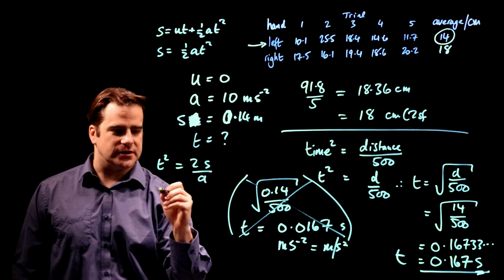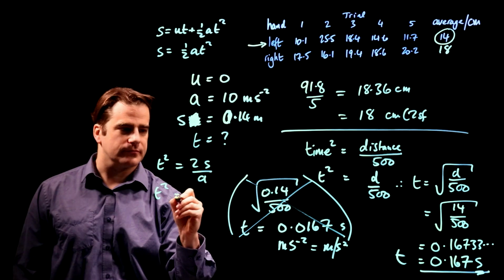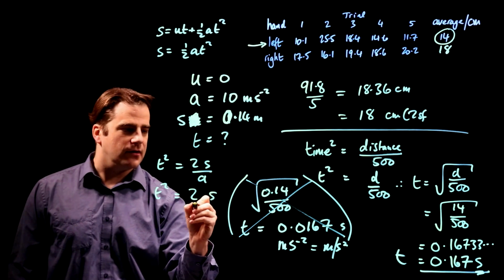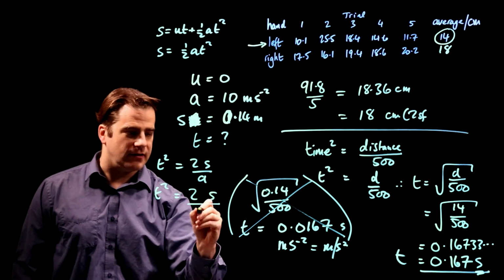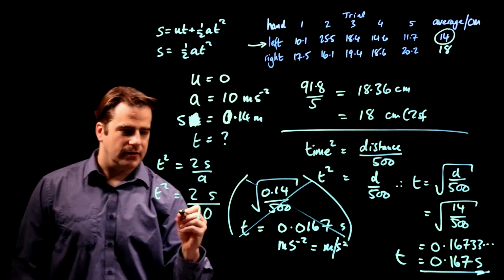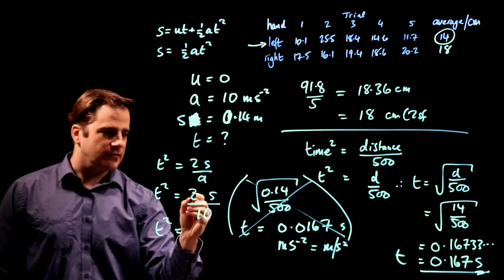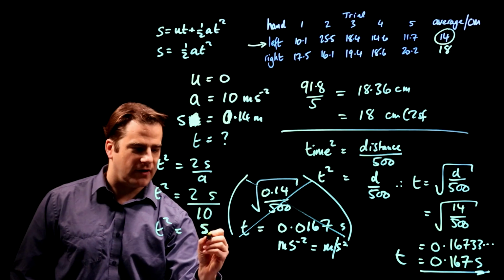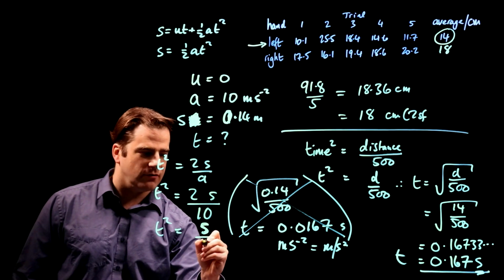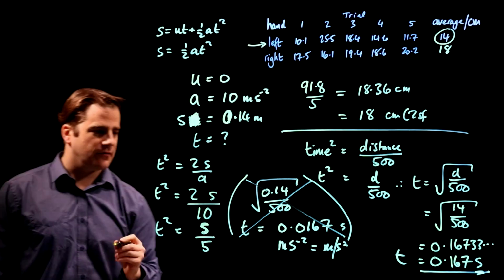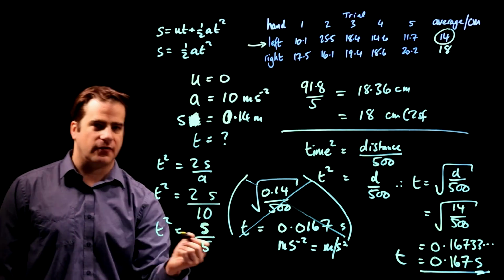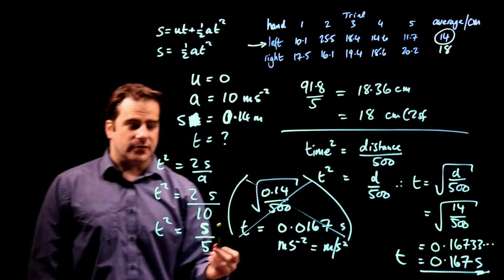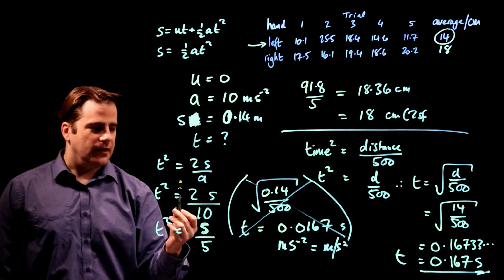Right, now the acceleration. So T squared is 2S, whatever the distance is, over A, which is 10, acceleration due to gravity. So T squared is 2 over 10 is S. It's an S, not a 5. S over 5. 2 over 10 is the same as 1 over 5.